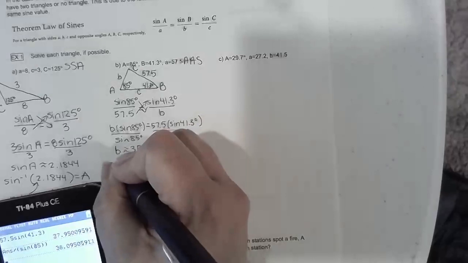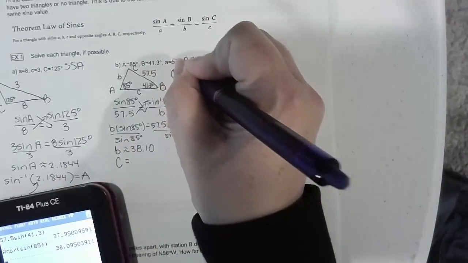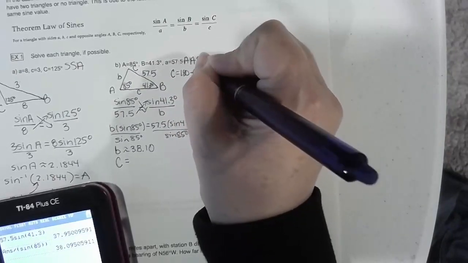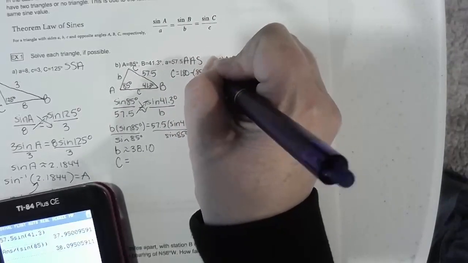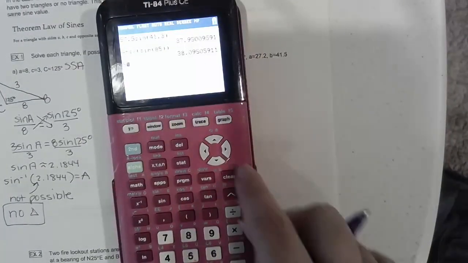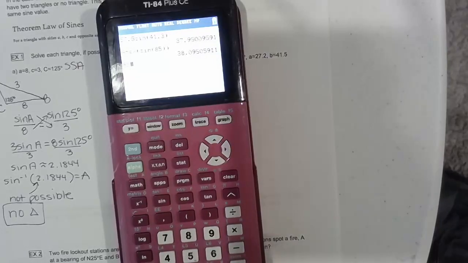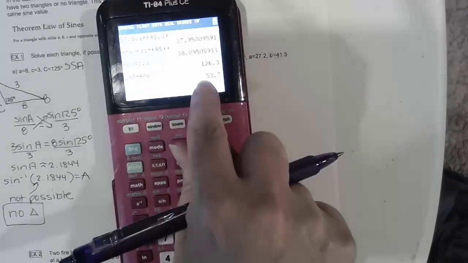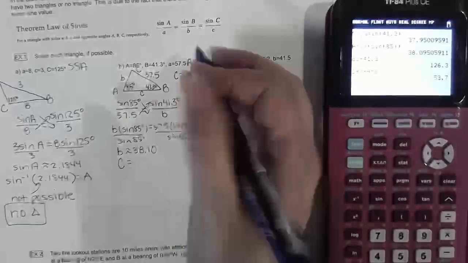So up here, I can find angle C by doing 180 minus the sum of the 2 that I know. So 85 plus 41.3, and then subtract that result from 180, and I get 53.7.